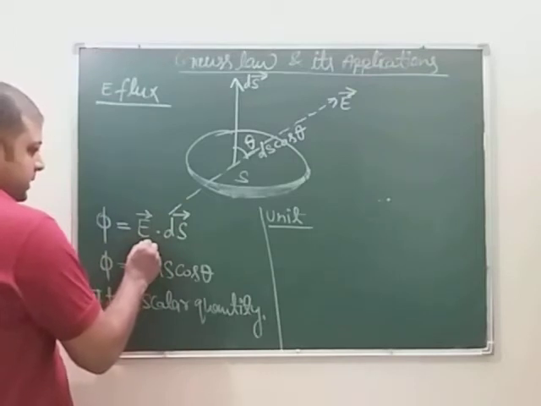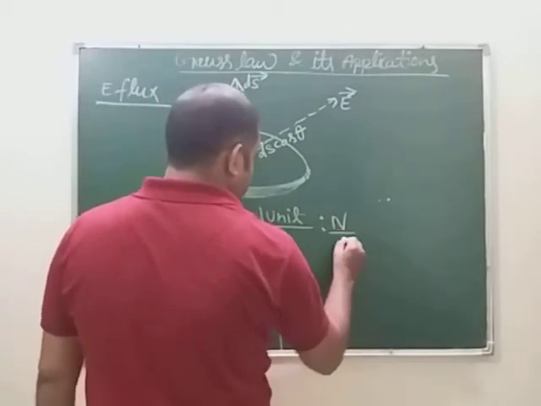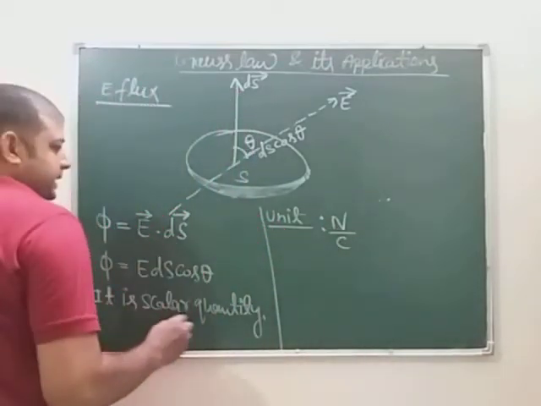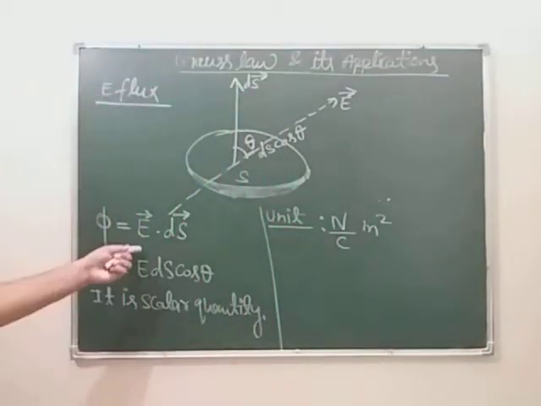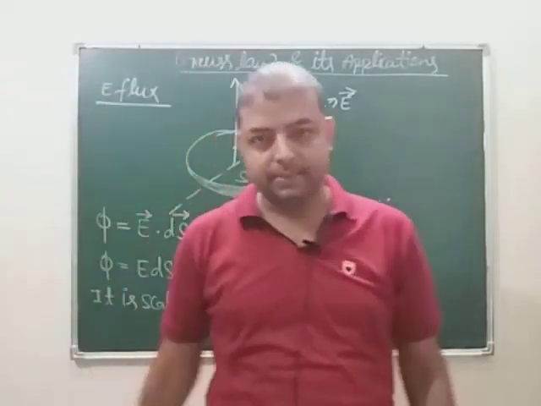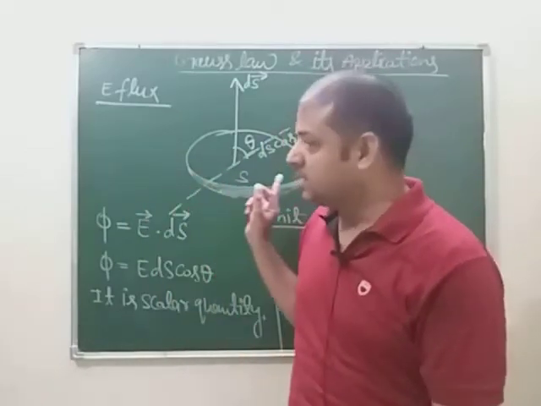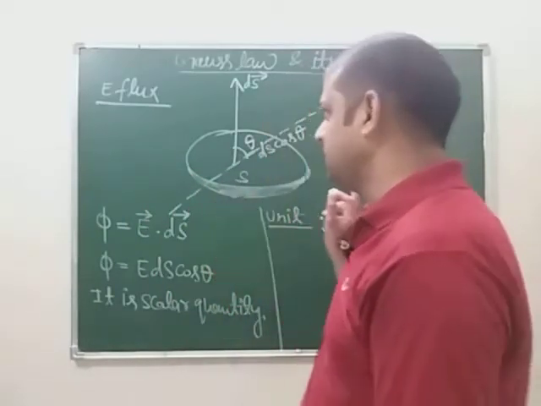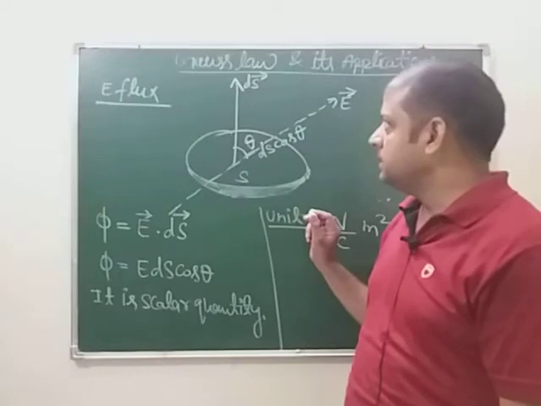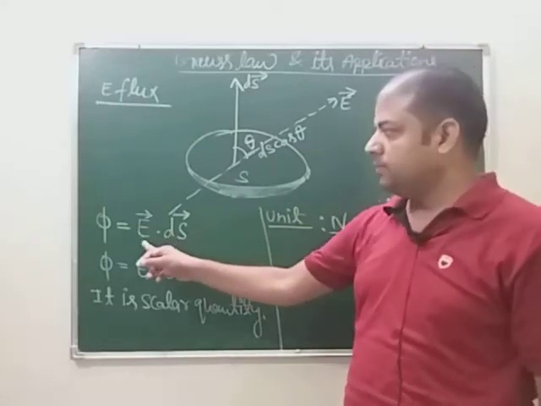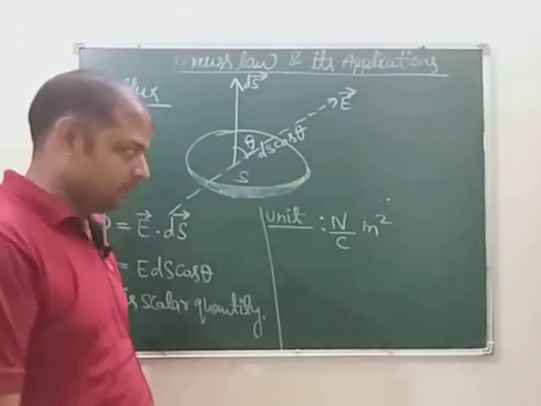So here note that E is Newton per coulomb. In the last chapter we have already discussed Newton per coulomb, and dS is the area, so meter square. Another unit of electric field: in chapter number 3, electric potential, you have already studied, because in this chapter we are revising the concept. In that chapter you know that the unit of E is volt per meter.